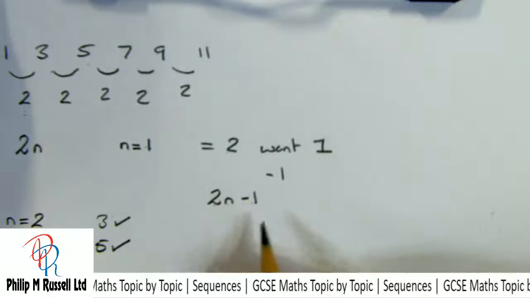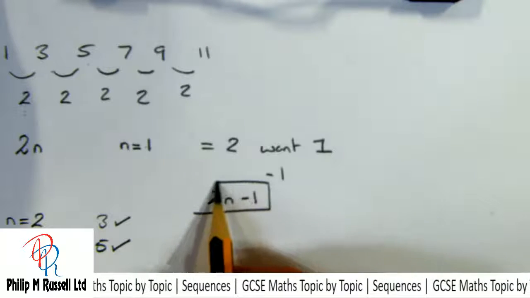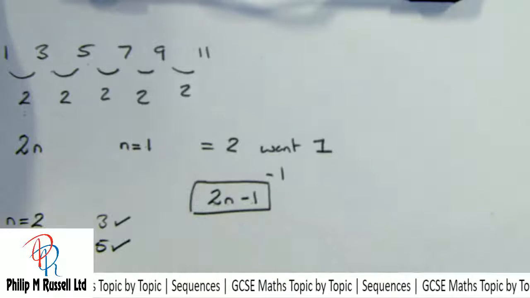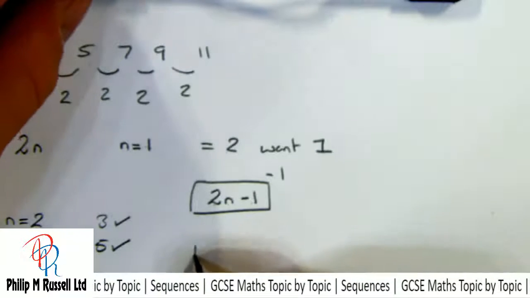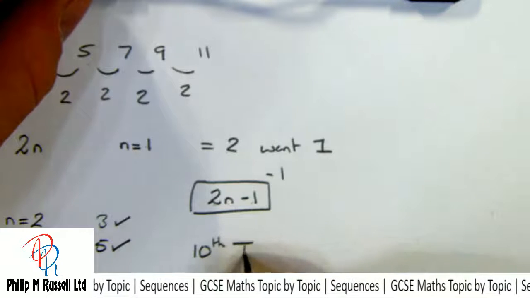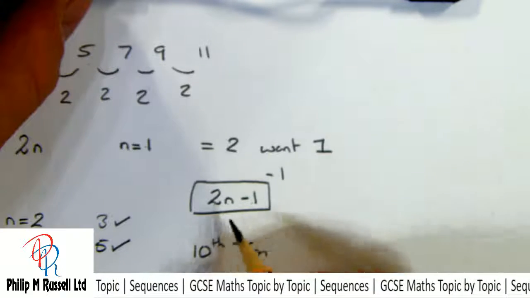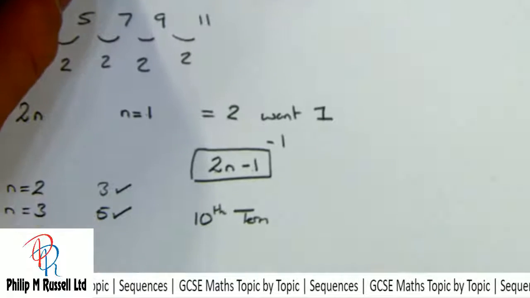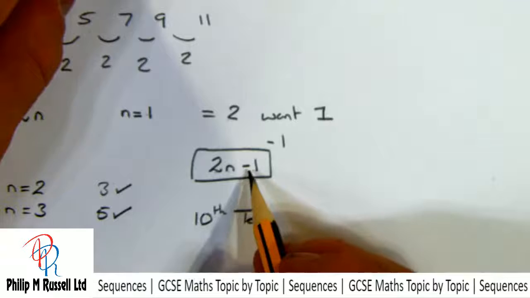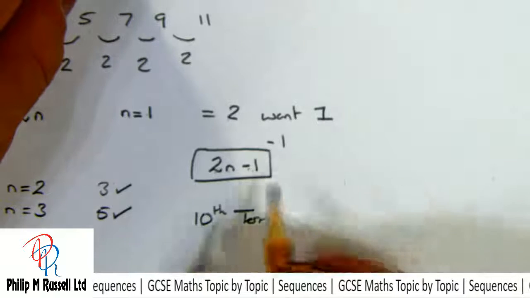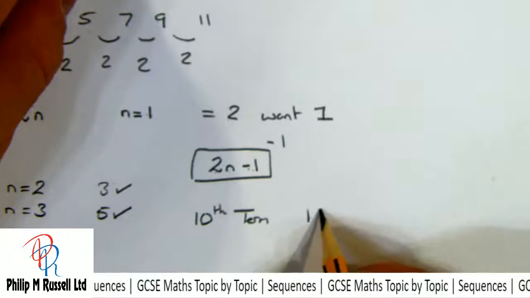So this is an arithmetic sequence, and my nth term here is 2n minus 1. If I was asked to find the 10th term, now I've got the formula, it's easy to work out. 10 times 2 is 20, minus 1 gives us 19.